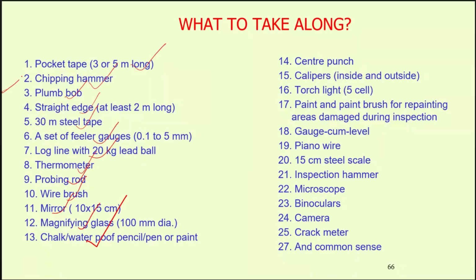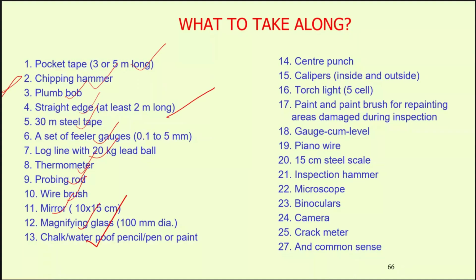Now, the chipping hammer is typically needed to chip any loose material deposited, to see whether it is intact or it is coming out. Plumb bob is to see the verticality, whether the structure sides are true to the gravity or not. Straight edge is to check whether there is undulation on the surface or not.